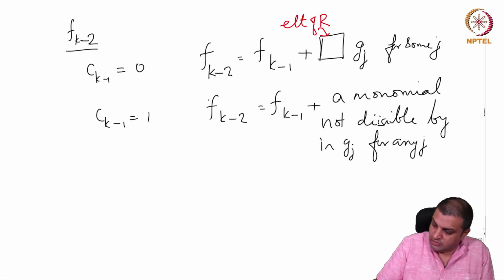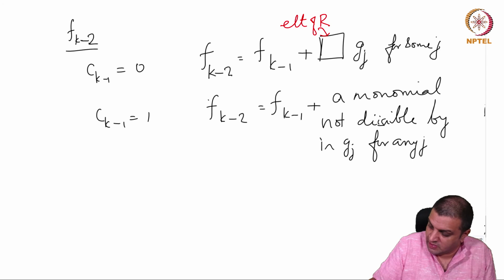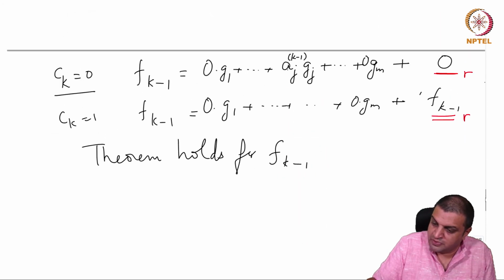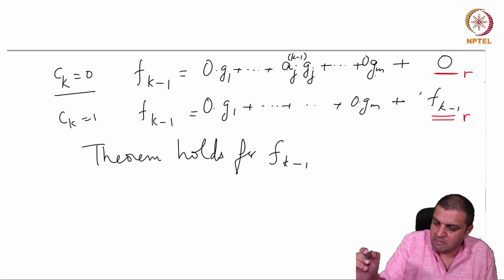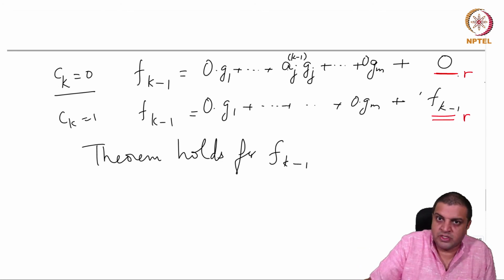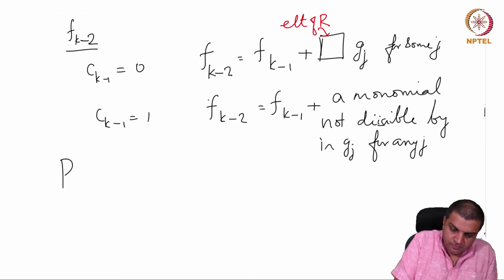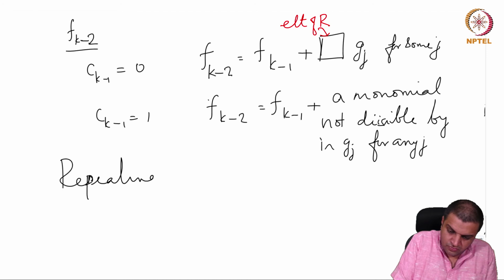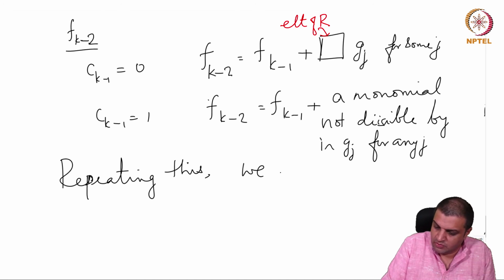In other words, depending on the value of ck minus 1, either the coefficients of Gj in this half of the expression would have changed, or the remainder would have changed. So repeating this, we get the theorem.